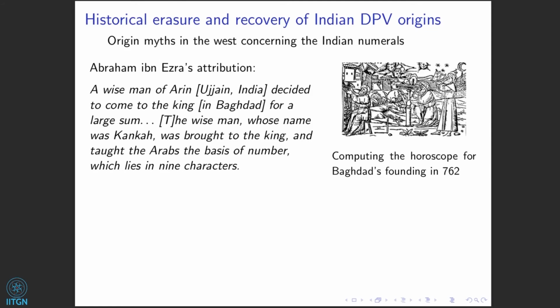You can see there a modified version of the historical facts of communication with scientists from India who came first to Jandishapur and then to Baghdad under the Muslim Abbasids and worked with the scientists there.